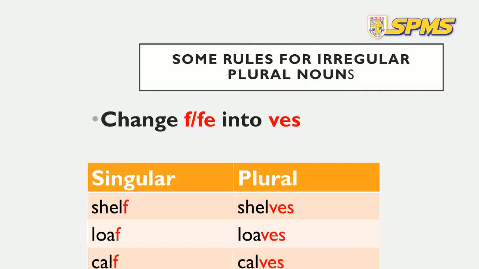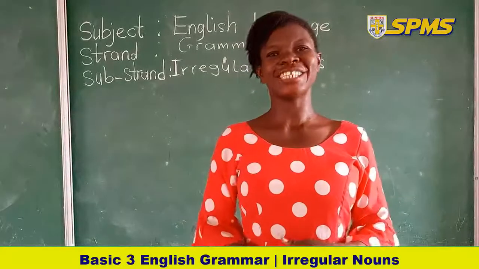You can see that we have taken away the F and we have brought VES. Loaf, loaves. Calf, calves. Wife, wives. Knife, knives. Very good. You have done very well. Let's go to the next rule.